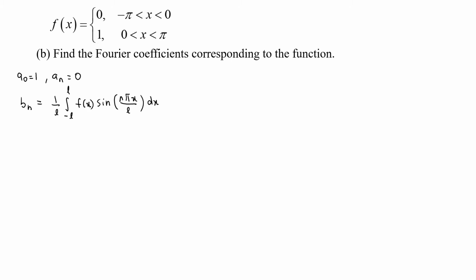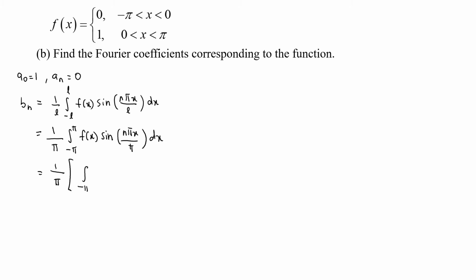Given the formula for b sub n is 1 over L times the integration of f(x) sine(n pi x over L) dx. Next we substitute L with pi: negative pi to pi, f(x) sine(n pi x over pi) dx. We know the function f(x), given that it is from negative pi to 0 and 0 to pi.